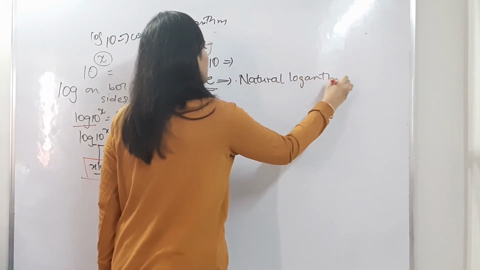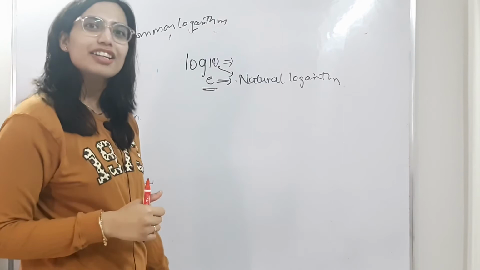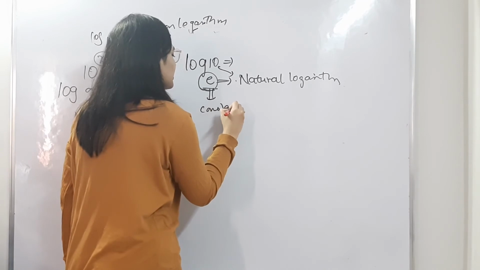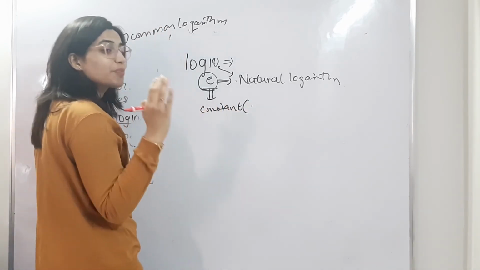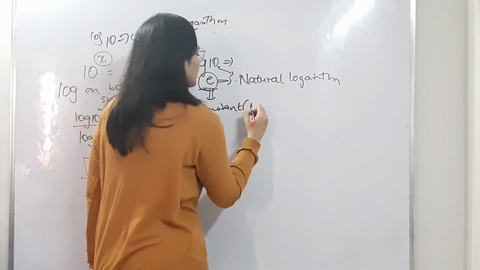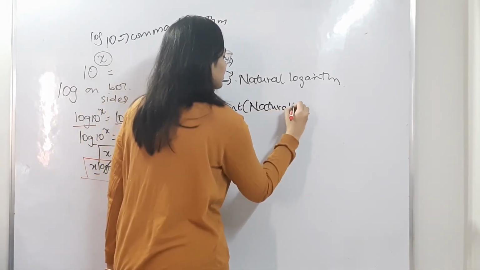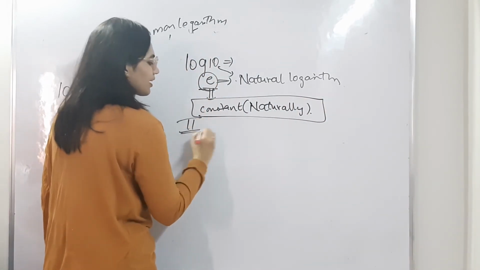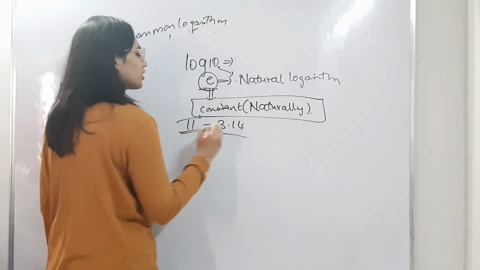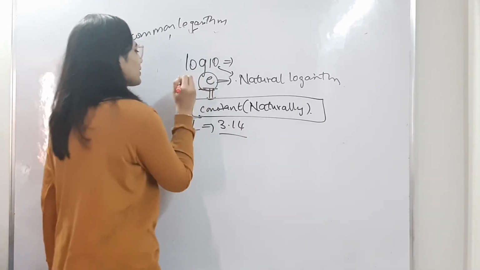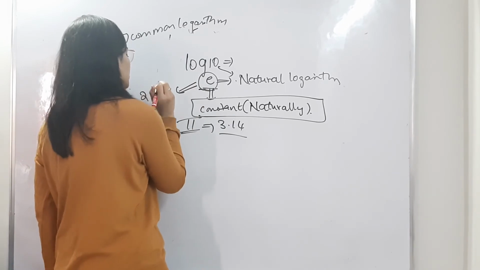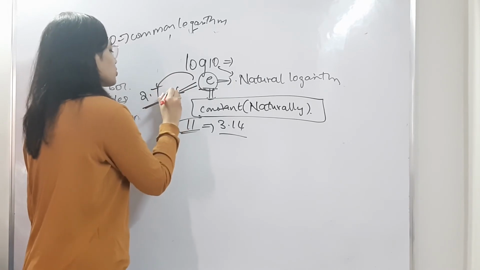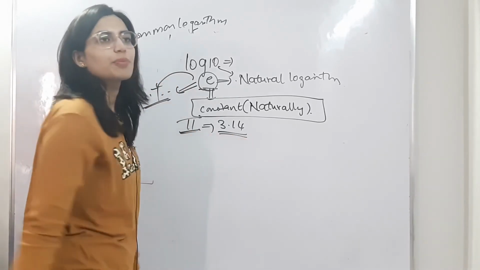So log to the base e can be represented as natural logarithm, and e is another constant that is frequently used by scientists and mathematicians and occurs naturally, as pi does. You know the value of pi, right? Pi is equal to 3.14. So e also has a constant value, that is 2.7, and it goes on. So the value of e is 2.7 and the value of pi is 3.14.